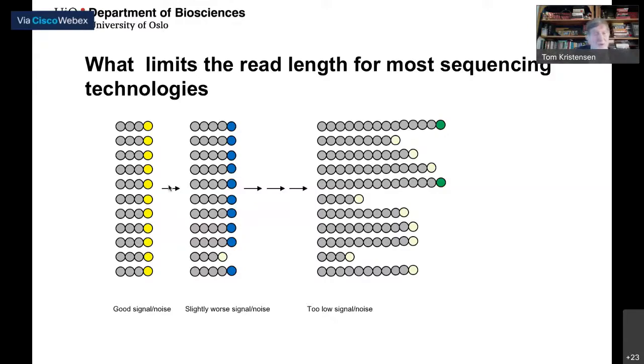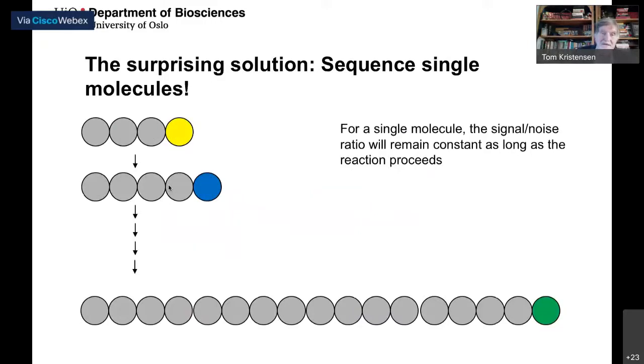The solution to this problem is, at least to my simple head, very surprising, because the solution is to, instead of sequencing a number of identical molecules, sequence a single molecule. And by sequencing a single molecule, you will end up with signal to noise ratios which are unaltered for each step here.